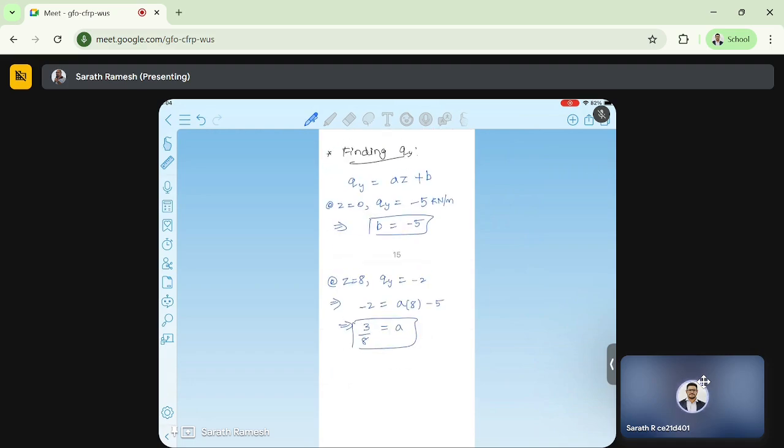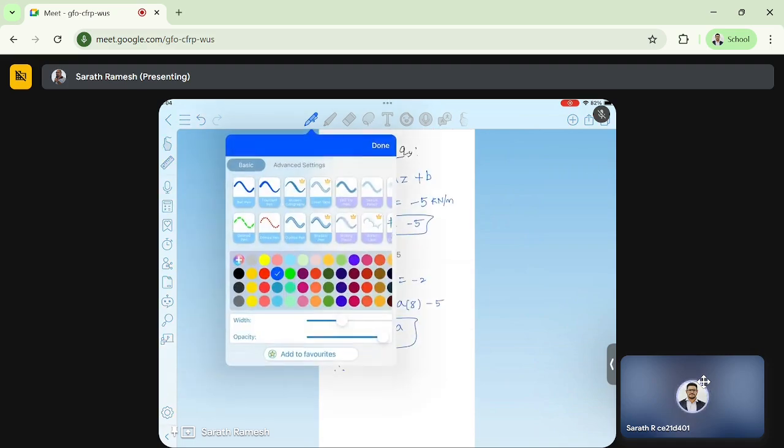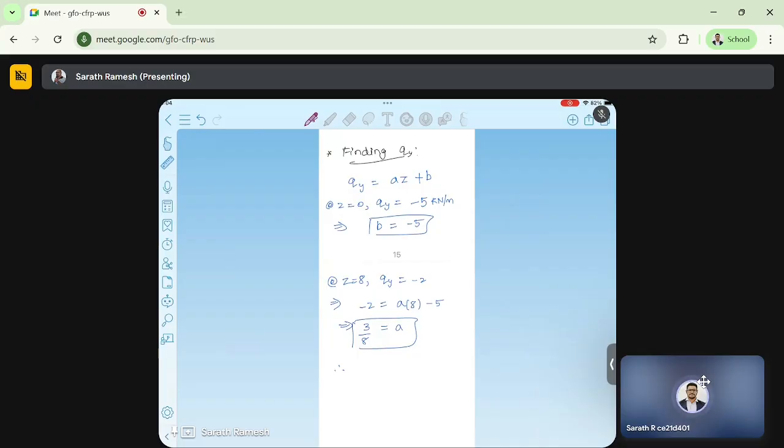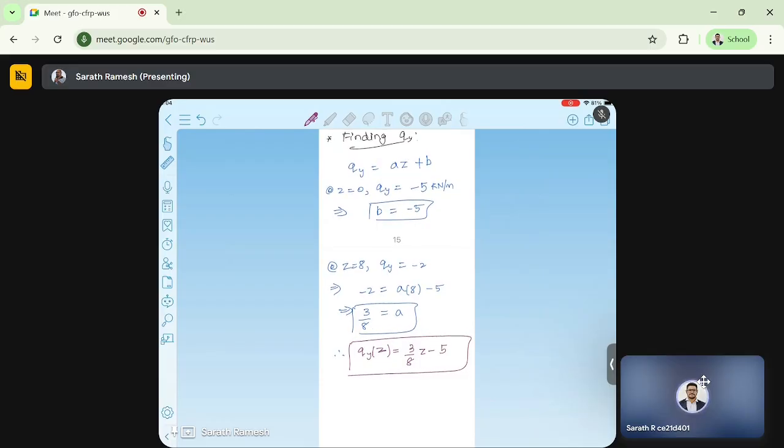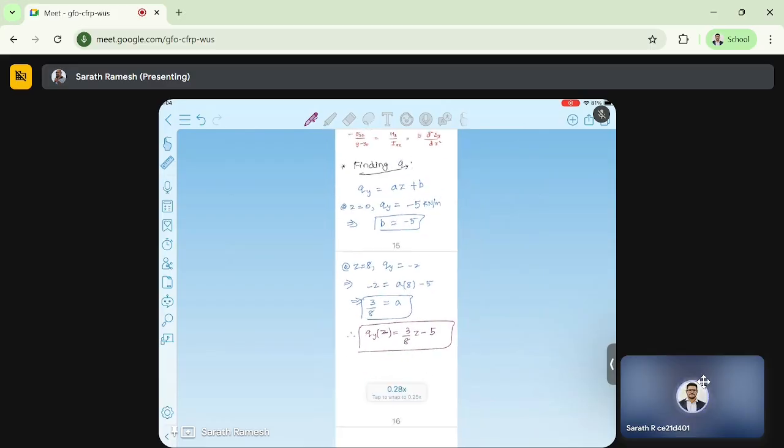So now therefore my qy of z will be 3z by 8 minus 5. Okay. This is my expression for qy.